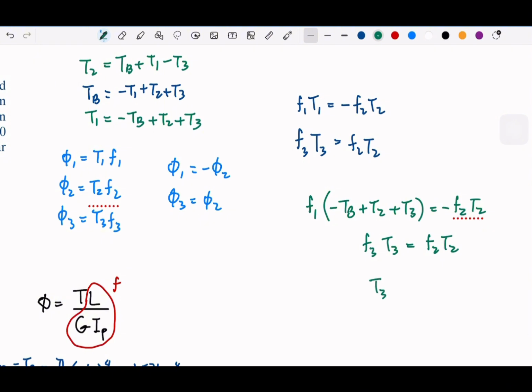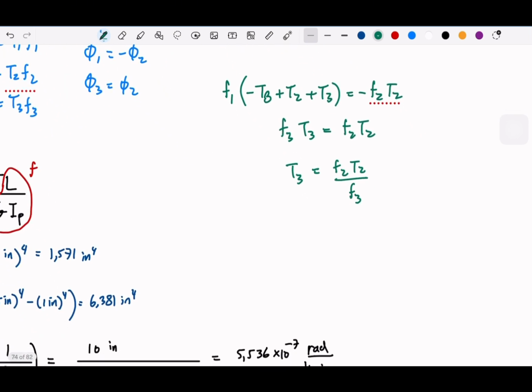So we can exchange T3 for F2 T2 over small f like that. So for example, we can write this is negative TB plus T2 plus T3 equal negative F2 T2 over F1, and then exchange the T3 with another part of it.